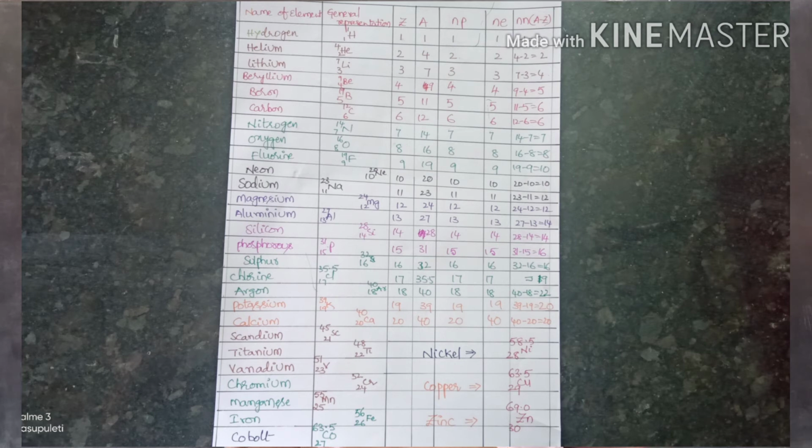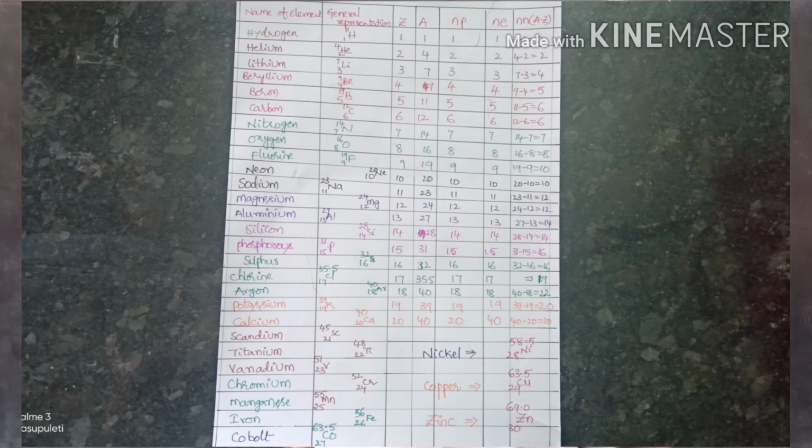So its representation is 20Ca40. Scandium, atomic number is 21, mass number is 44.95. So its representation is Sc2145. Titanium, its symbol is Ti, atomic number 22, mass number 48. So its representation is 22Ti47.